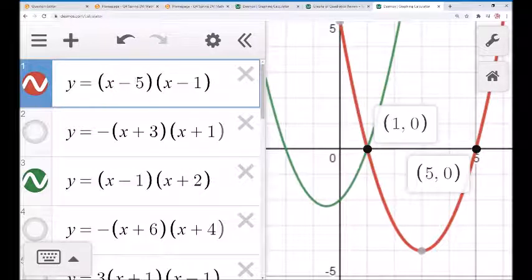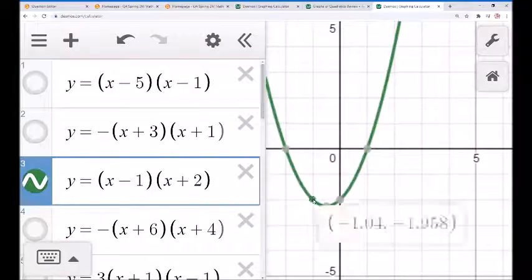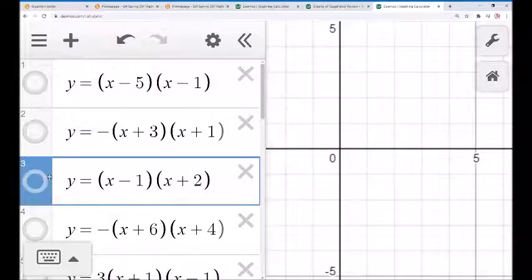So negative 5 is actually positive 5, negative 1 is positive 1. Now if we look here at the green one, we have a negative 1 and a positive 2, but if we think land of opposites, 1 and 2, and that gives us our intercepts. So what we're getting from factored form is our x-intercepts.